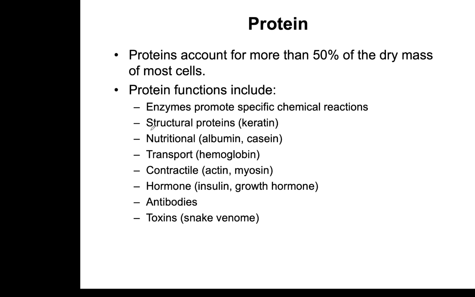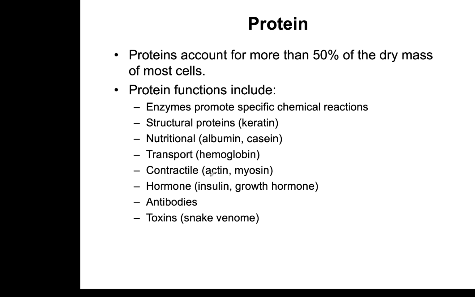For example, keratin is the protein in your hair. Nutritional proteins include albumin and casein. Casein is a milk protein. Also, proteins act as transporters; hemoglobin is a protein that delivers oxygen and carbon dioxide.